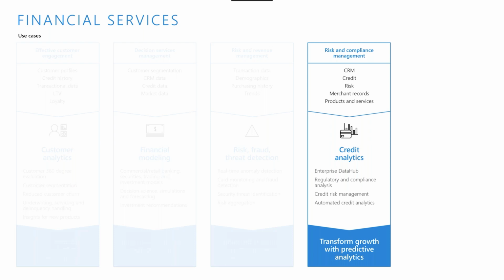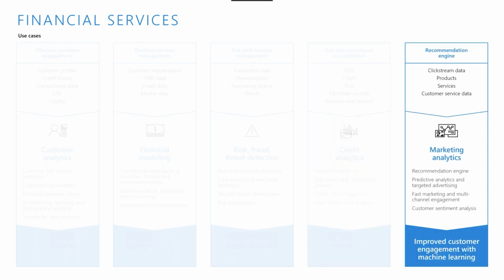A lot of information, a lot of data from the historical perspective and different sources to be able to understand regulatory compliance, be able to figure out what type of customer and what type of options they have from a credit perspective and what type of risk is involved in being able to serve that customer. So credit analytics is extremely important. And that type of information has been crunched with Spark for quite some time.